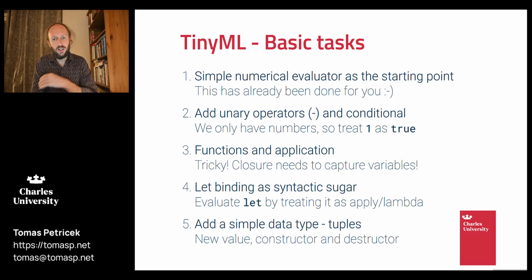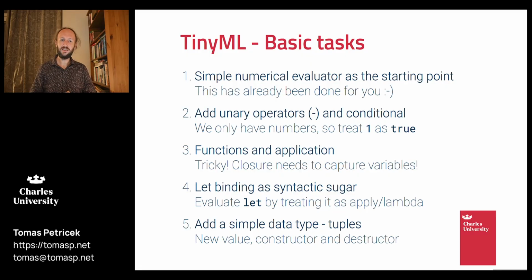And the basic tasks for TinyML, there's 5 of them, or actually 4, because the first thing was writing the simple numerical evaluator as the starting point, and I've gone through that in these videos. So we already have that. What do you need to add?